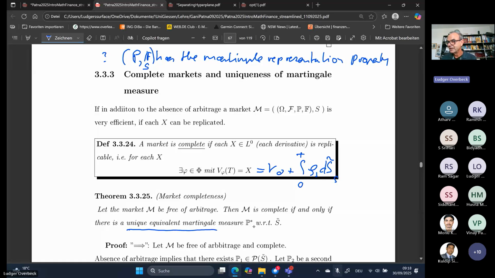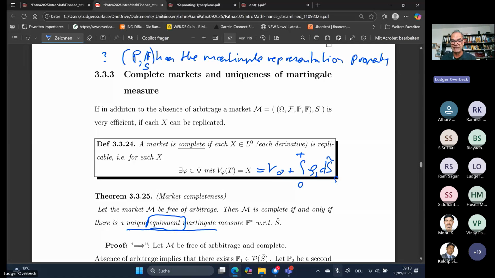And that's equivalent to there being only a unique martingale measure. As I told you, P star is the set of martingale measures. It's a subset of the measures which are equivalent to P. It's actually a convex subset. The set of equivalent martingale measures is convex.